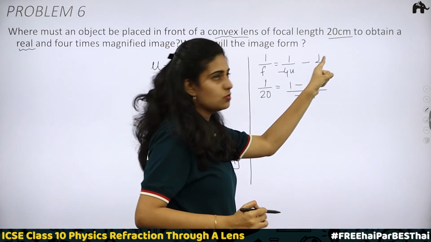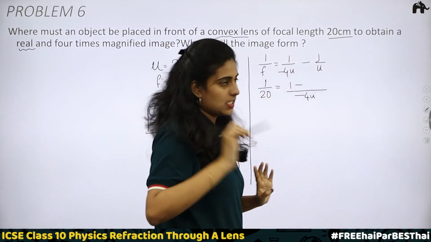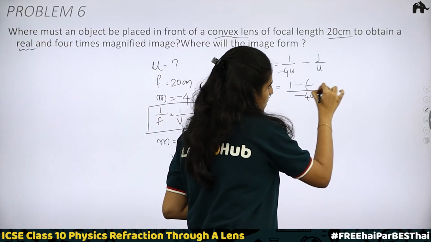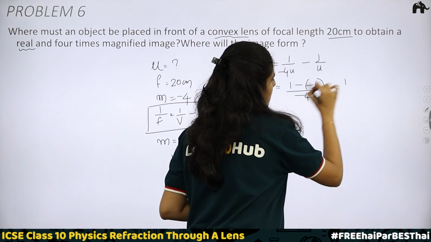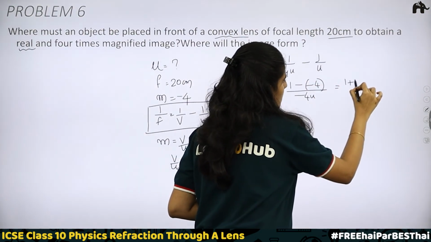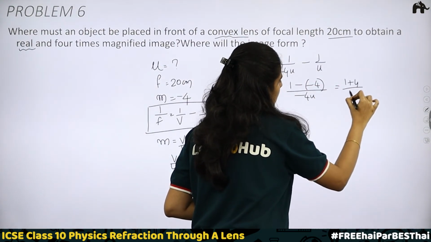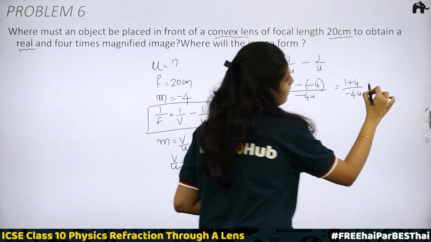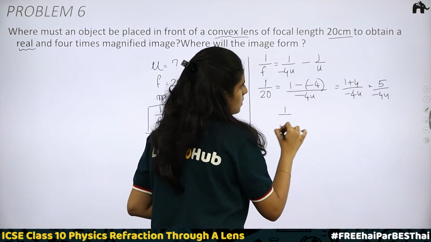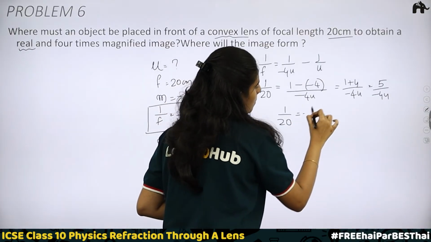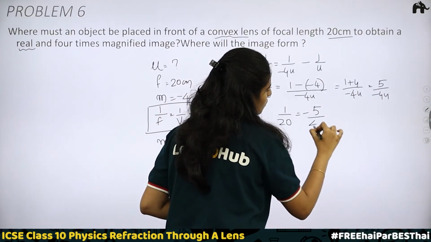Minus 4 into 1 is minus 4. Therefore, here we get minus 4. 1 minus minus 4, which is 1 plus 4, divided by minus 4u, which is 5 by minus 4u. So 1 by 20 is equal to minus 5 by 4u.